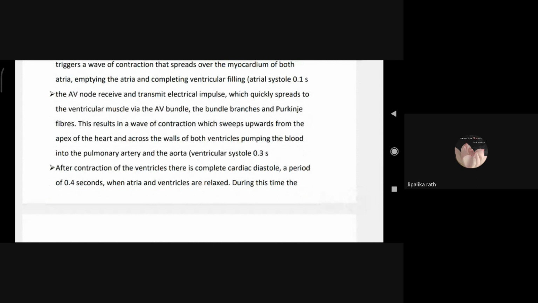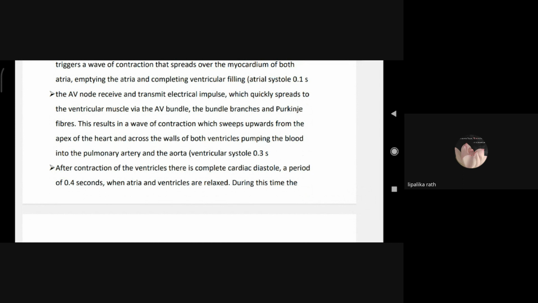So after contraction of the ventricles, there is a complete cardiac diastole, a period of 0.4 seconds. When the ventricles have contracted, the whole heart, all the muscles of the atria and ventricles, rest for only 0.4 seconds.